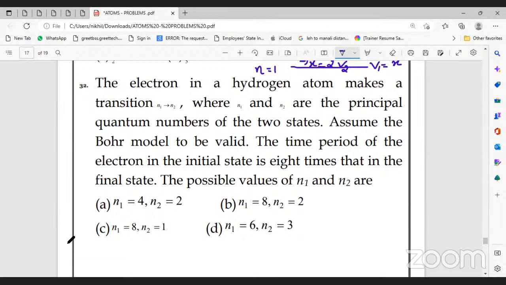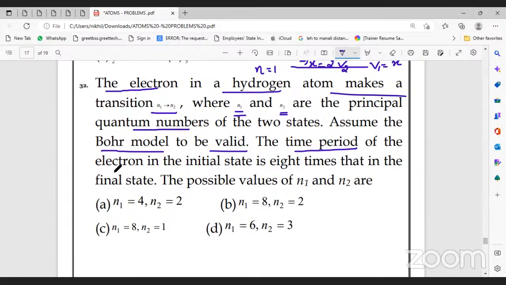Look at the problem. The electron in a hydrogen atom makes a transition from N1 to N2, where N1 and N2 are the principal quantum numbers. Assume the Bohr model is valid.